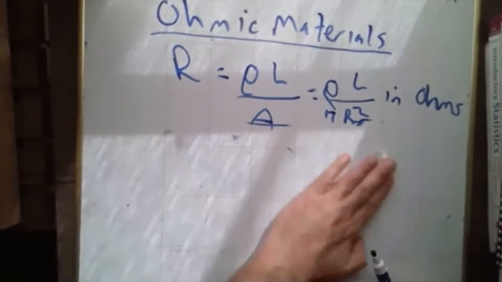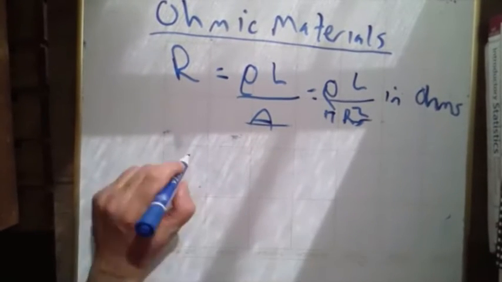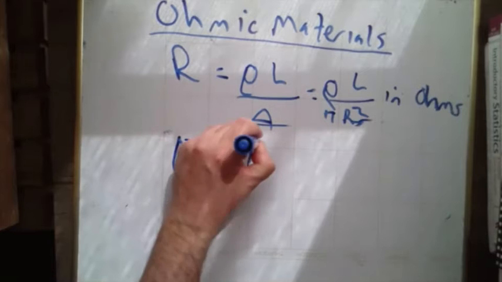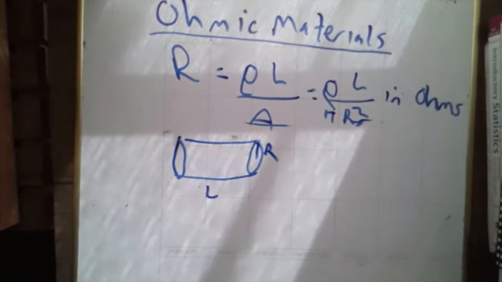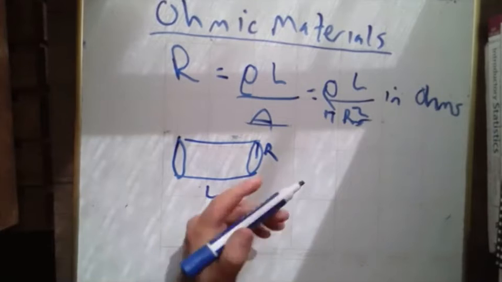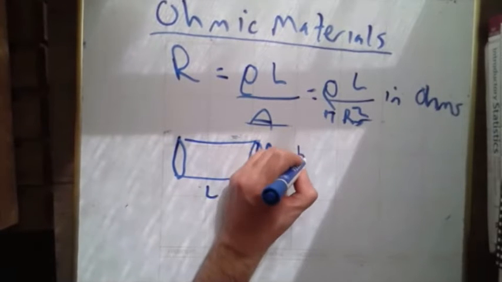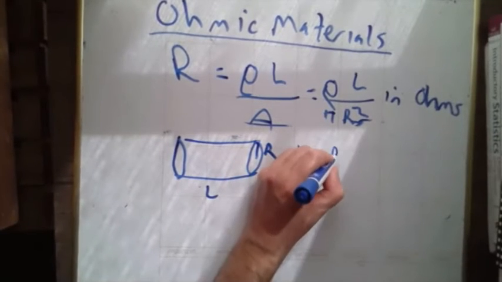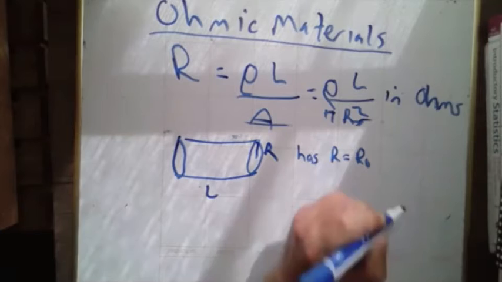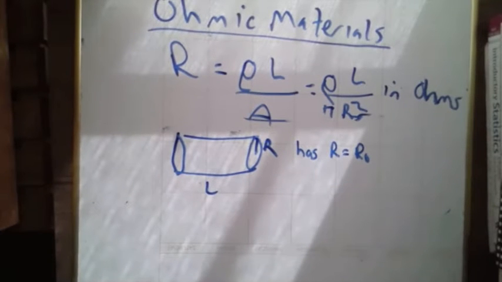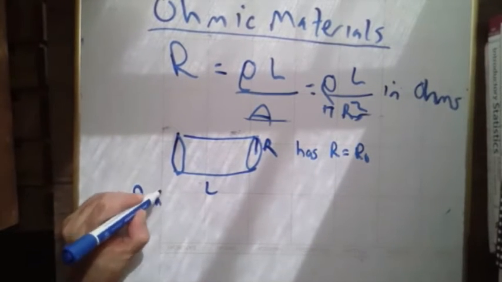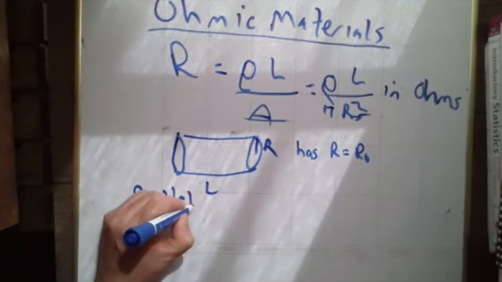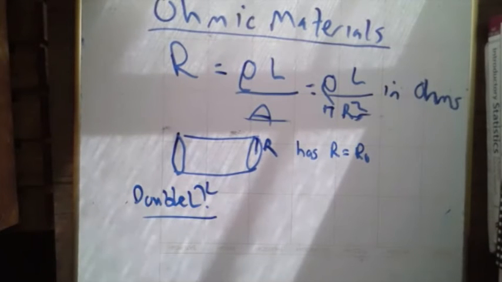So I've got some chunk of material here that has length L and cross-sectional radius r, say it's a cylinder, and let's say this guy has resistance R naught, some initial value. What happens if we double L? What will the new resistance be?